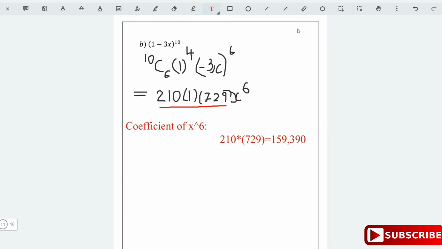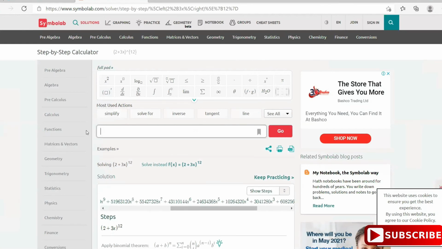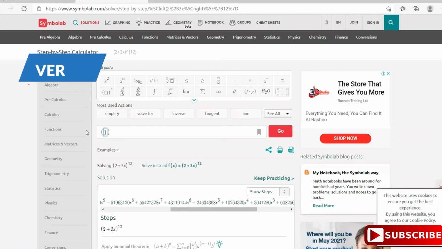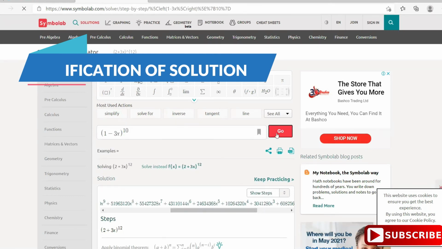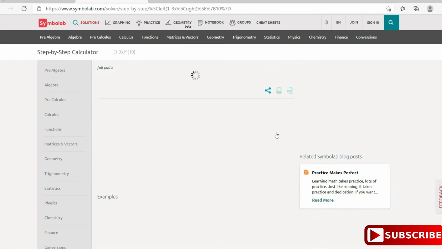Now, of course, you may want to see verification, so I will give you verification. 1 minus 3x raised to the 10th power, just to give verification. I like to give verification. It may take a little while.